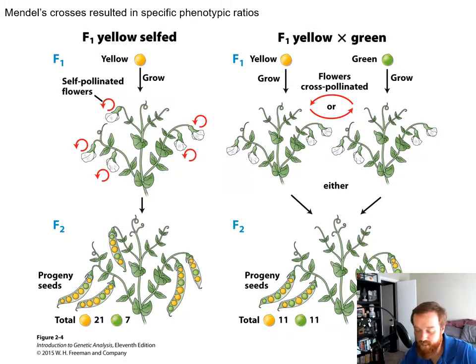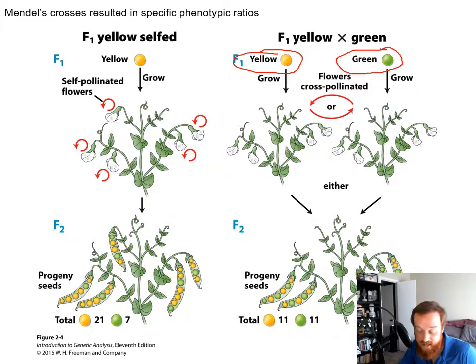Now, if we take a yellow pea plant and a green producing pea plant, and we cross them to one another. So if we take pollen from the green plant to pollinate the yellow plant, or pollen from the yellow plant to pollinate the green plant, we call this a reciprocal cross because you can go either way.